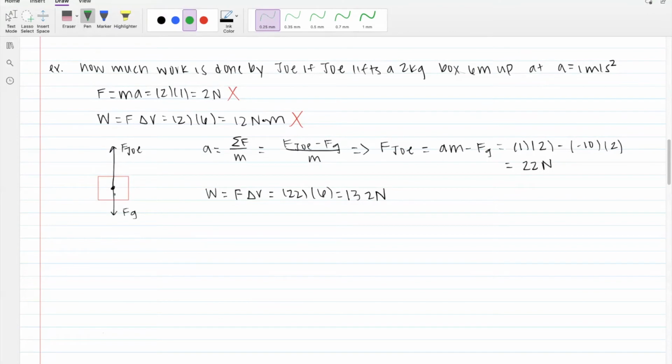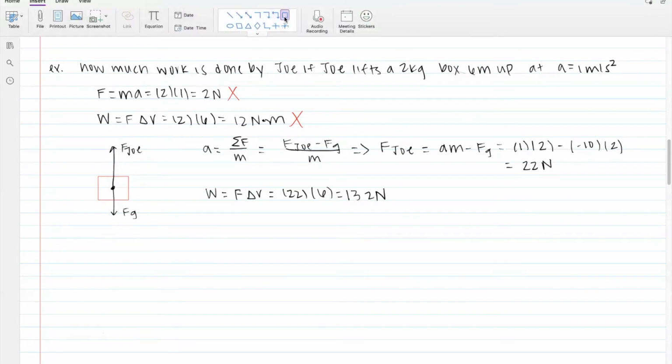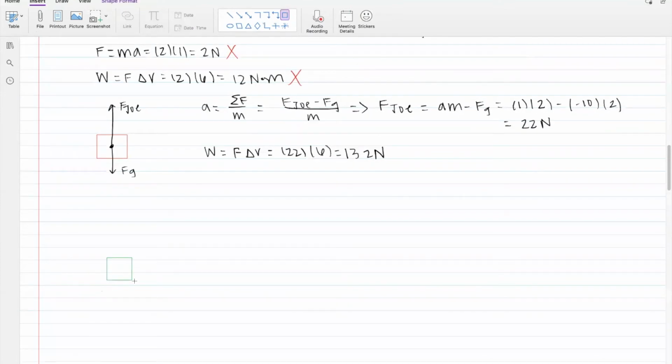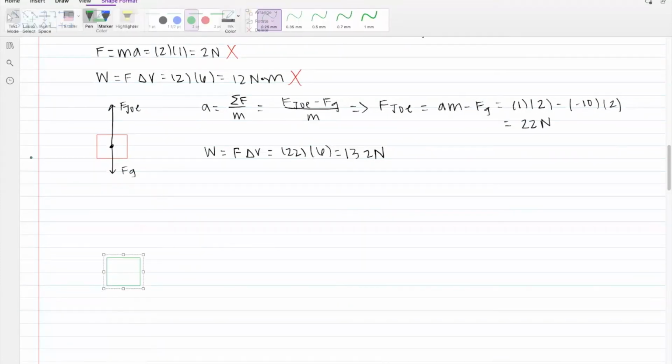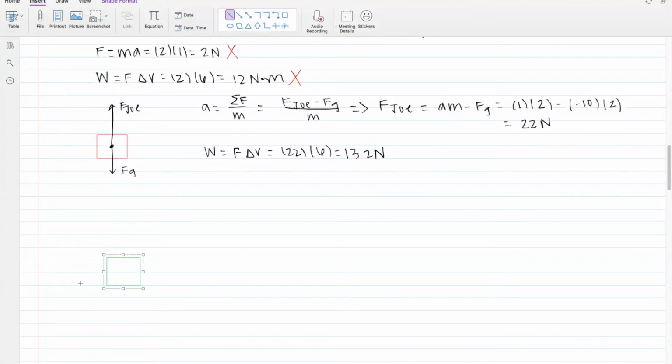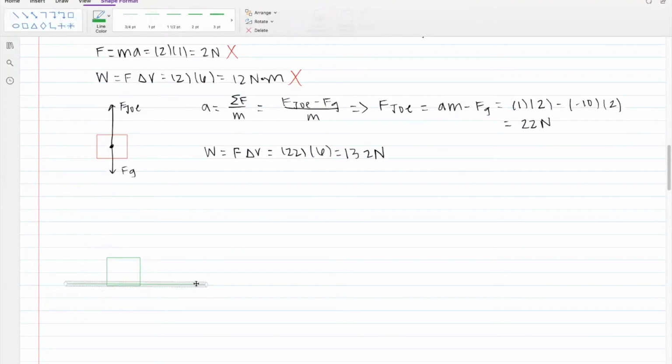Now let's look at a problem where Joe is not applying a force straight up. Let's say that we have the same block. However, now it's going to be on a plane, so it's moving across the ground.